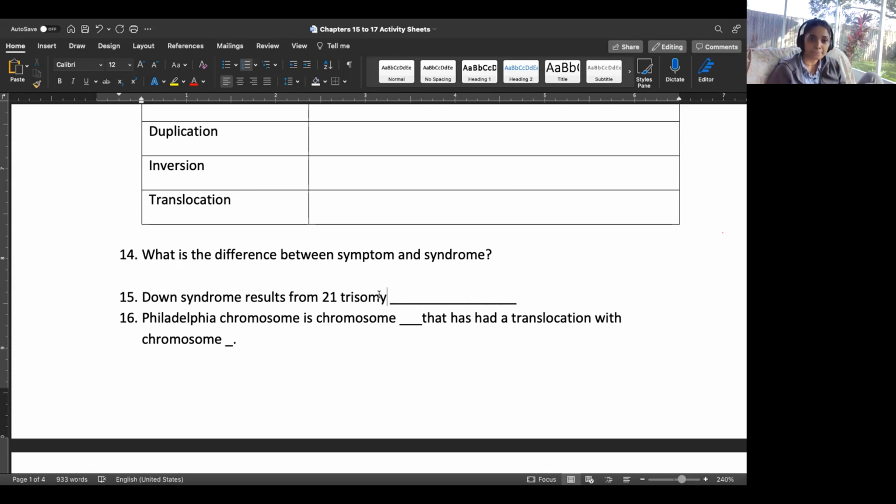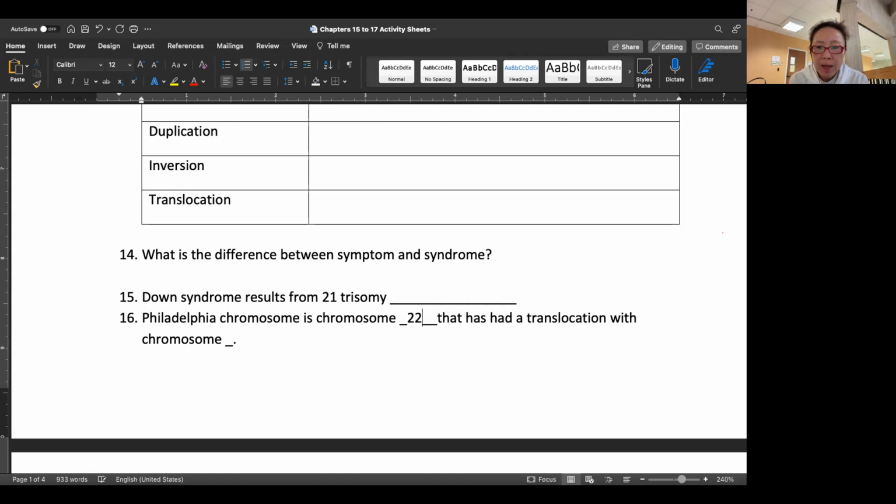Next, the last one. The Philadelphia chromosome is chromosome number 22 that has had a translocation with chromosome number 9. So 22 will be shorter. Understand, guys, Down syndrome is 21 and Philadelphia is 22. Make sure that you don't mix them because the numbers are so close.